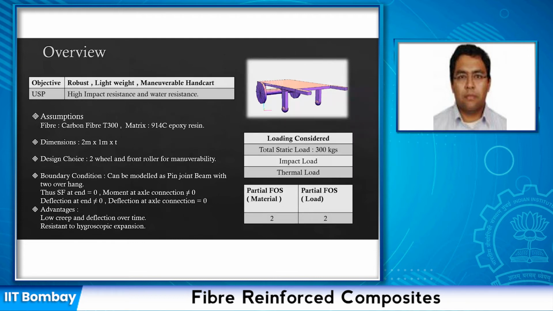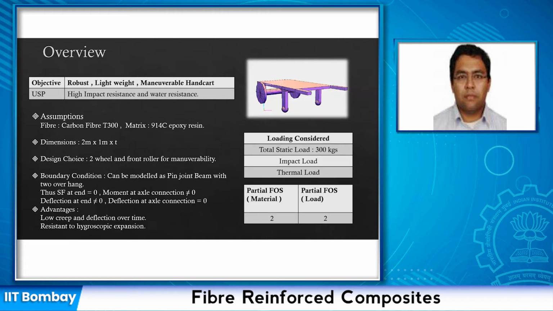On the right side, you can see a schematic diagram of the cart having two wheels on the back and two rollers for easy maneuverability. The dimensions of the handcart will be 2 meters length, 1 meter width, and 0.6 meter height. The type of loading that I'm going to consider is static load of around 300 kgs and impact load, which is generally important in loading and unloading.